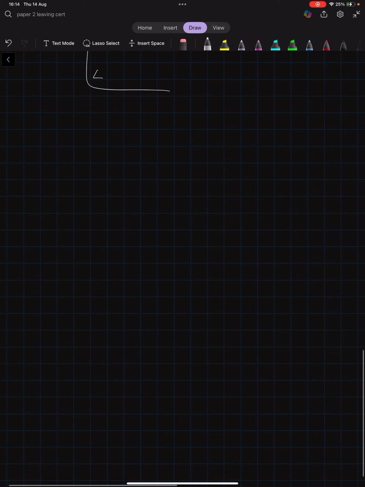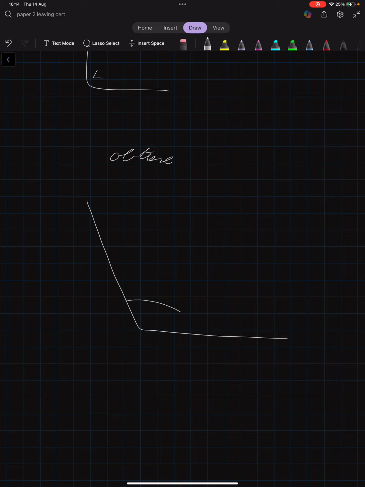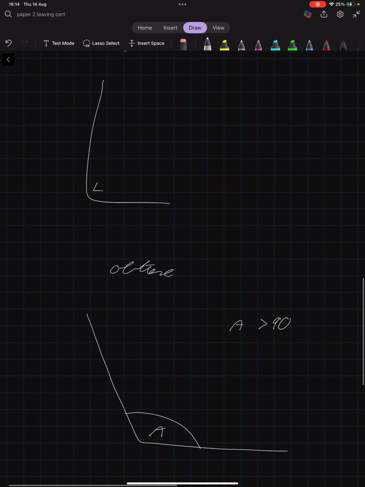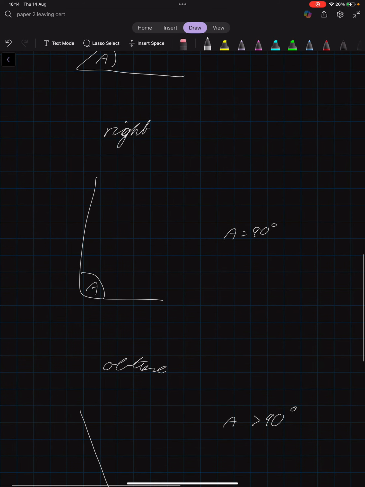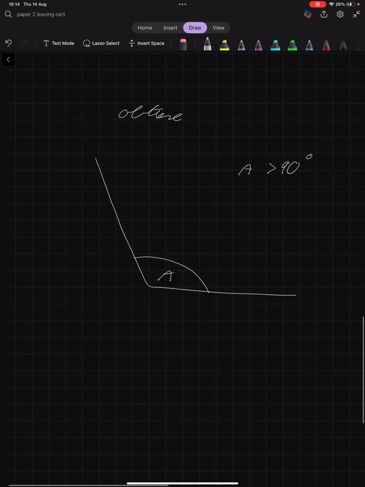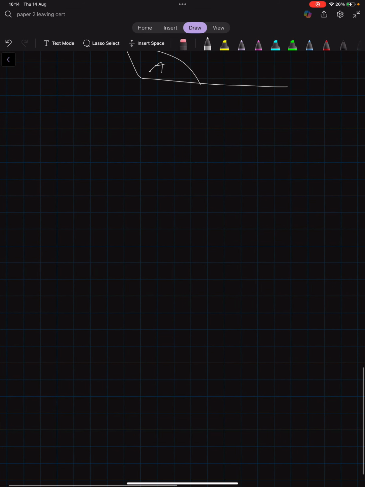And obtuse is when the angle is greater than 90. So when A is specifically greater than 90. Here, if I get rid of this one and just call it A, A would equal 90 degrees.